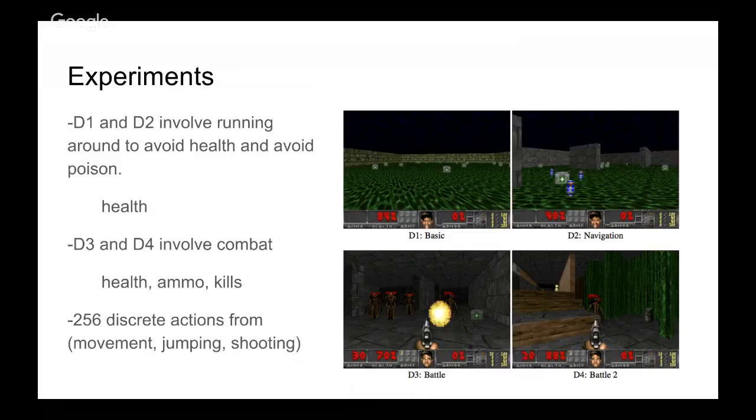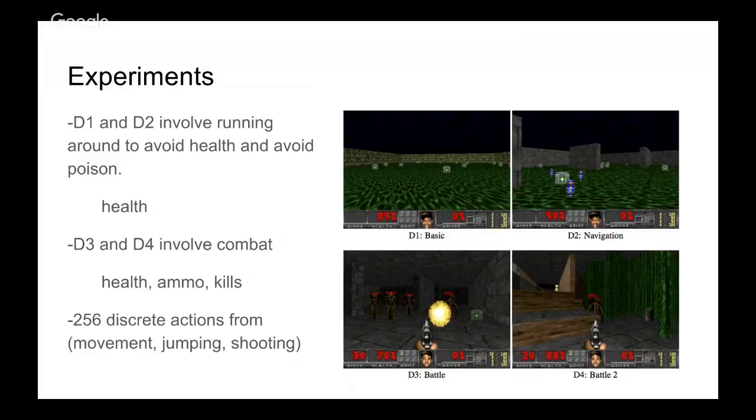D2 is about running around and getting health packs while avoiding poison packs. In both of these cases, the only measurement they consider is health. So the structure of the measurements and the rewards is the same, just that health scalar, which is something you talked about before.